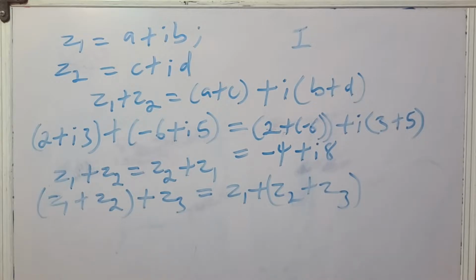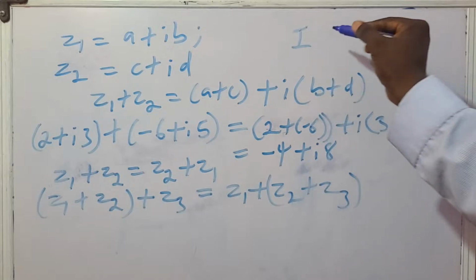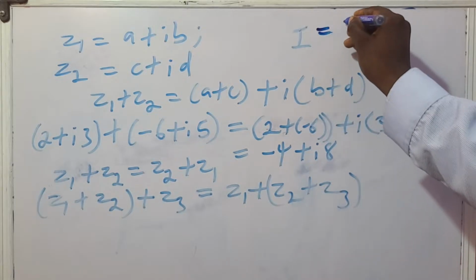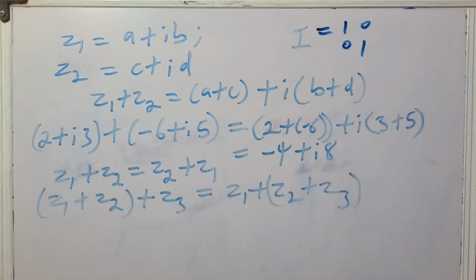You know, when we were dealing with matrices, we said identity was 1001. I'm sure you remember that. All right. Now, but for complex number, don't forget this is not a matrix.